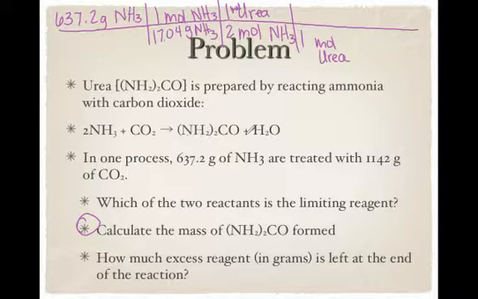I have no idea what that is. $60? Okay. I'm going to take your word. So just check our units. Everything's canceling. Good. So how much urea is formed then?